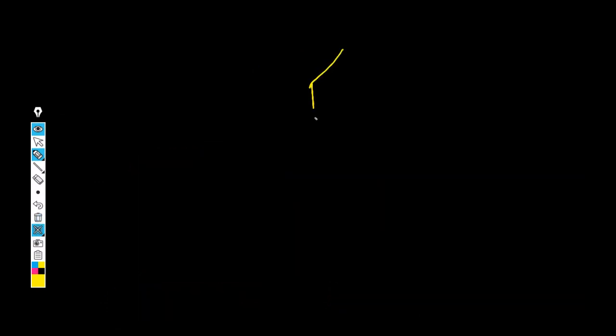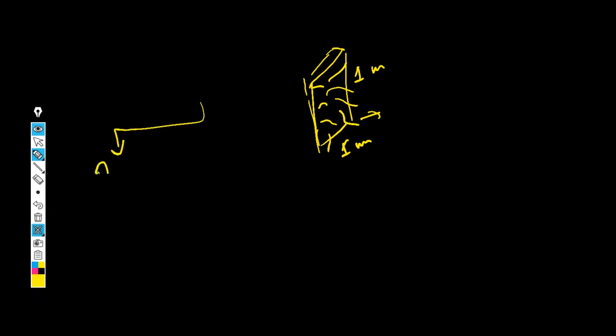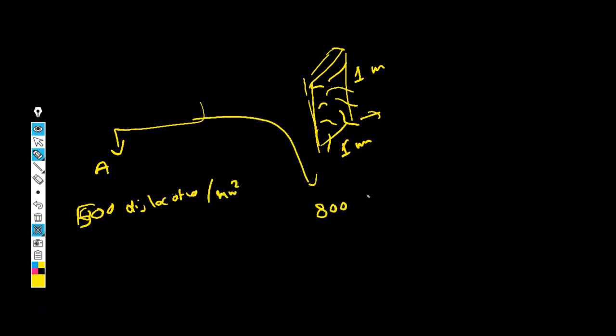The second case, you can quantify the density in there. If this is 1 millimeter by 1 millimeter, you count how many dislocations pass through this area. For example, for A, I have 500 dislocations passing through this area per millimeter square, and the second one, 800 dislocations passing through a millimeter square.